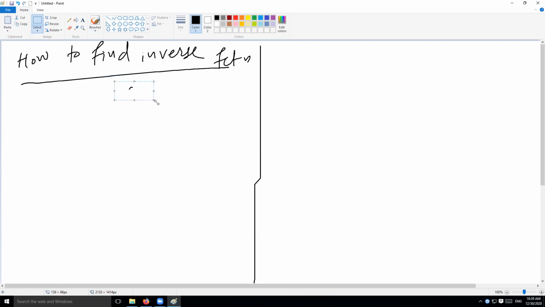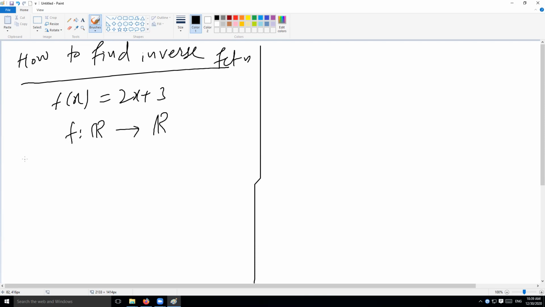Now you can see why this strategy works. Imagine that I have a function f of x equal to, say, 2x plus 3, and this is a function from R to R. But in order to find the inverse function, first you have to verify that this function is 1-1 and onto.